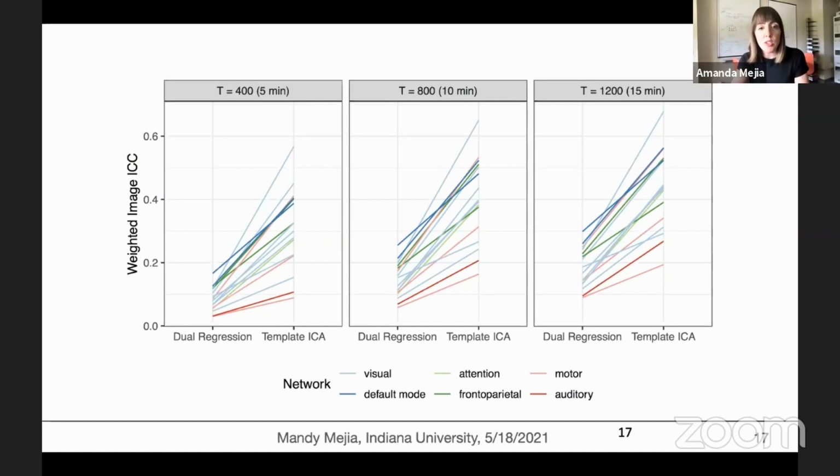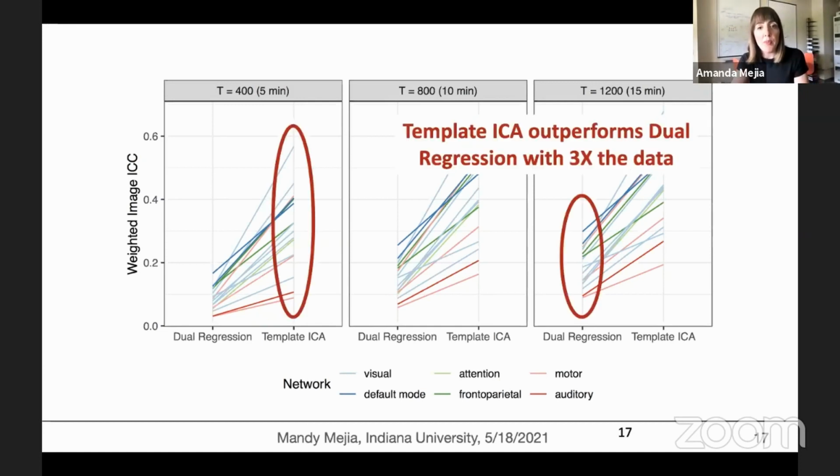We also noticed that template ICA quite strongly outperformed dual regression even based on just 5 minutes of data, where dual regression was based on 15 minutes. Even when we triple the amount of data available for dual regression, template ICA still outperforms it.